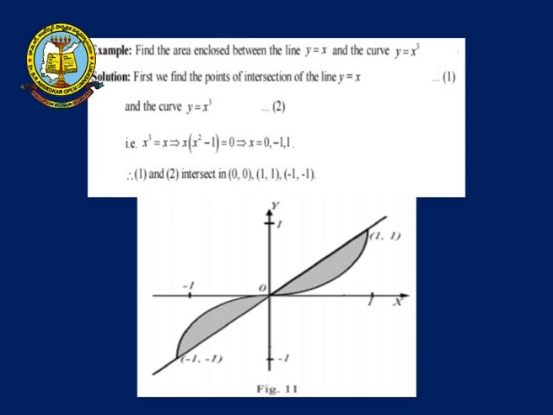Since y equal to x, the intersecting points are 0, 0, 1 comma 1, and minus 1, minus 1. In the figure, 1, 1 is in the first quadrant, minus 1, minus 1 is in the third quadrant, and the origin 0, 0 is also an intersecting point.